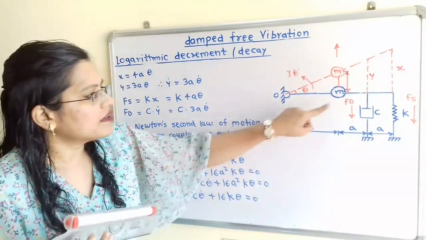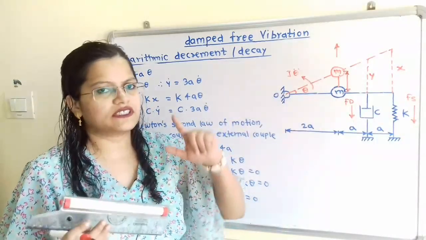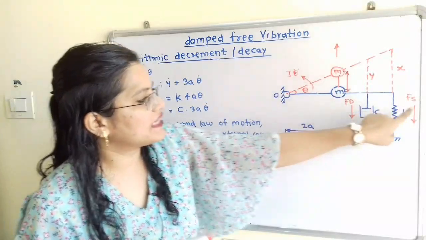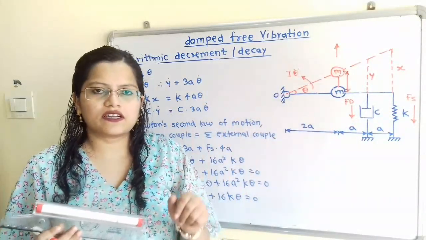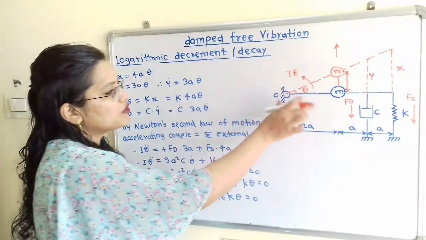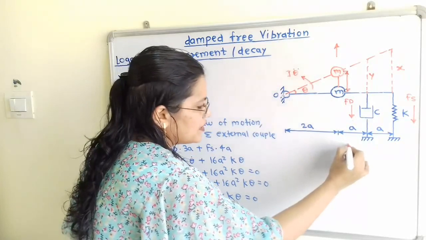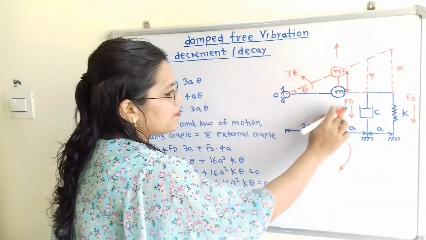And here the external torques are due to the external forces. Which are those external forces? That is Fd and Fs. How can we find the external couple? If I move the compass about point O in the direction of Fd, then here is the external couple due to Fd.